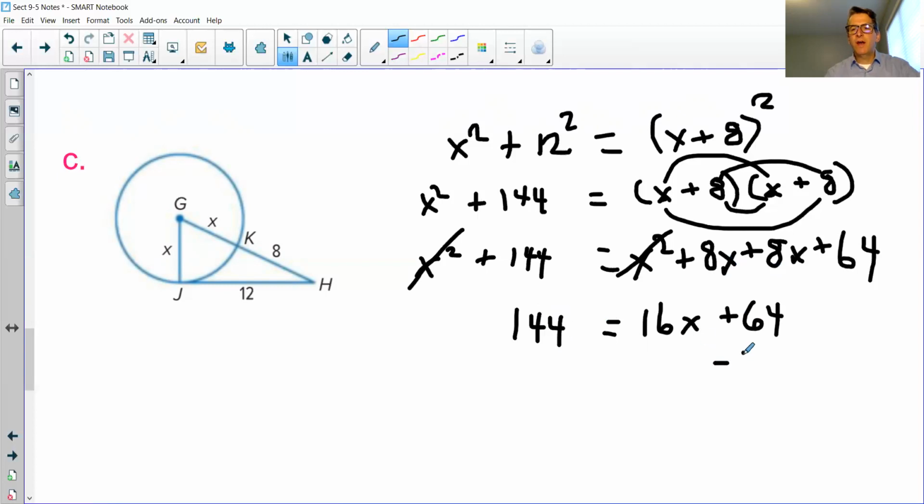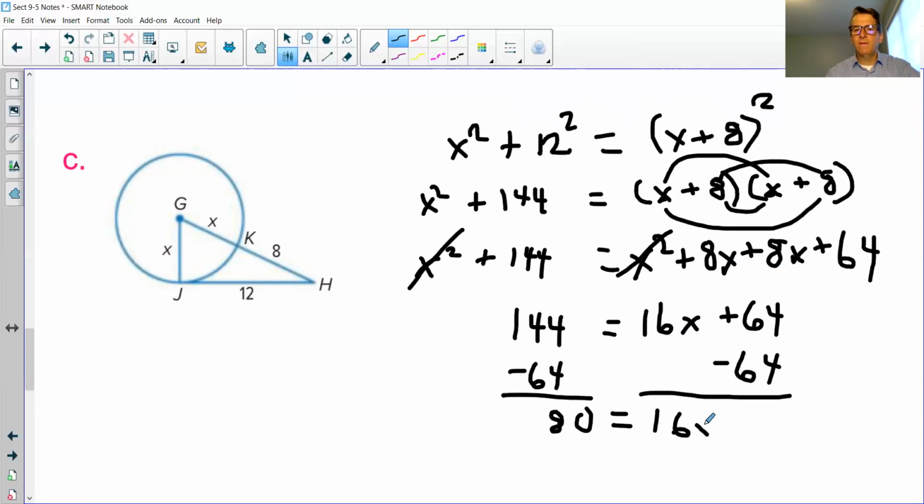So now I'm going to subtract 64 from this side and 64 from this side. And that puts me at 80. 80 is equal to 16x.